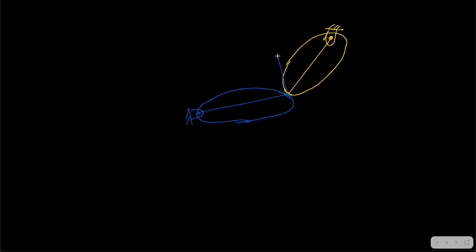This is the perpendicular arrow to the blue link, and that is the direction of the velocity of the blue link. Then I'm going to draw a perpendicular to the yellow link also. So we can see that this is perpendicular to the yellow link also. Yes, it looks perpendicular enough.